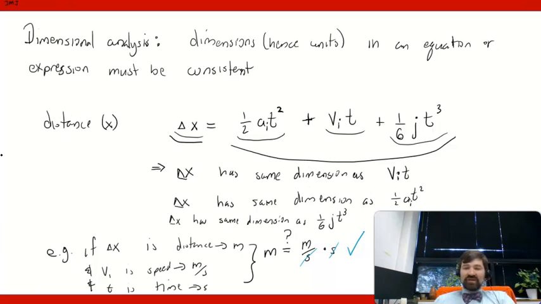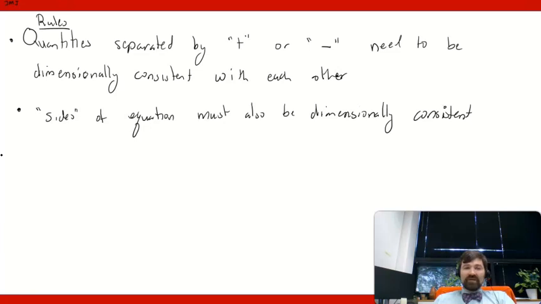It's just that whatever dimensions they have collectively as a quantity have to work out to be meters. Okay, so plus and minus signs are separators. Divided by or times are not quantity separators in this sense.